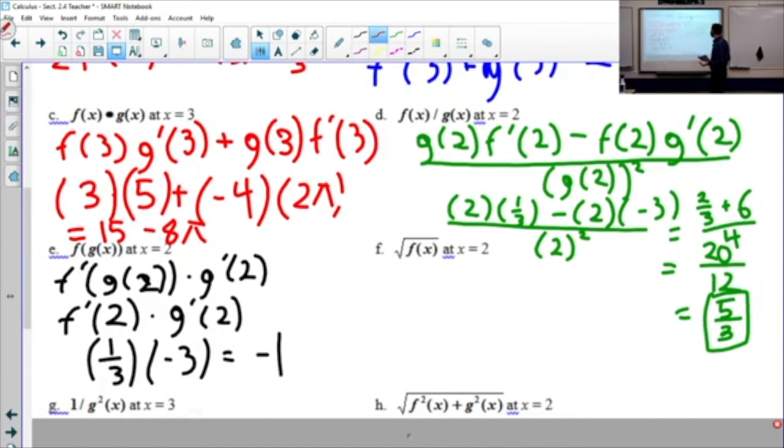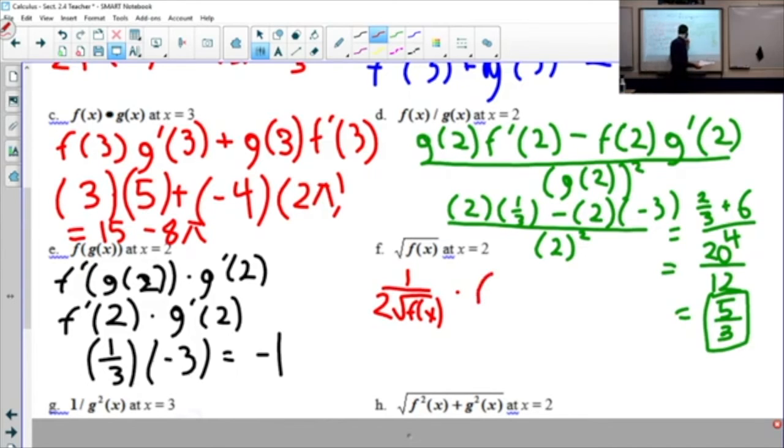Next up, I want square root of f of x at x equals 2. Well, that means the derivative of the square root is 1/2 times f of x to the -1/2, which is 1 over 2 square root of f of x. But then I have another function inside of that square root, so I need to use the chain rule times derivative of the inside part.